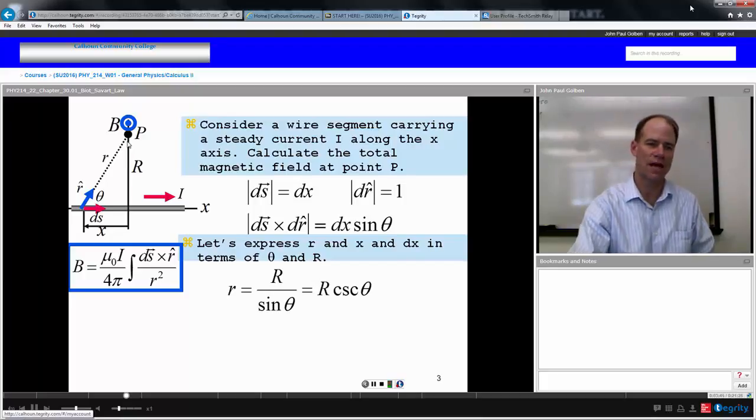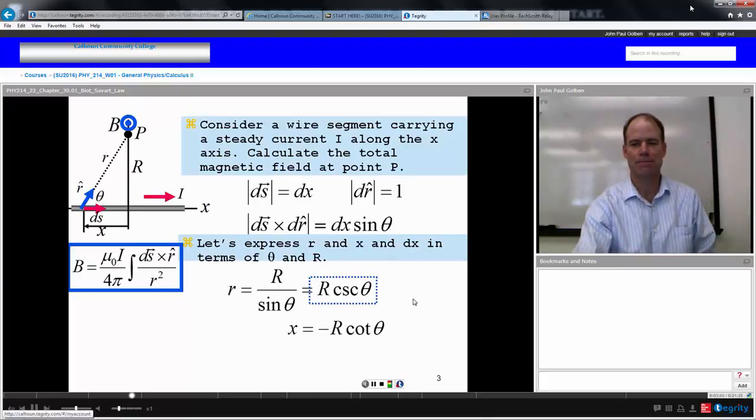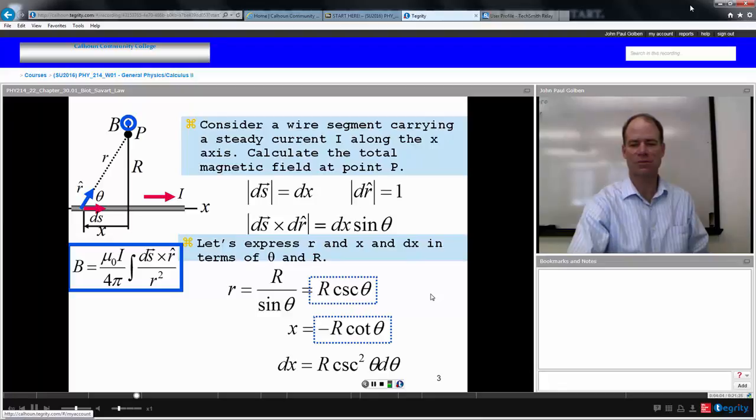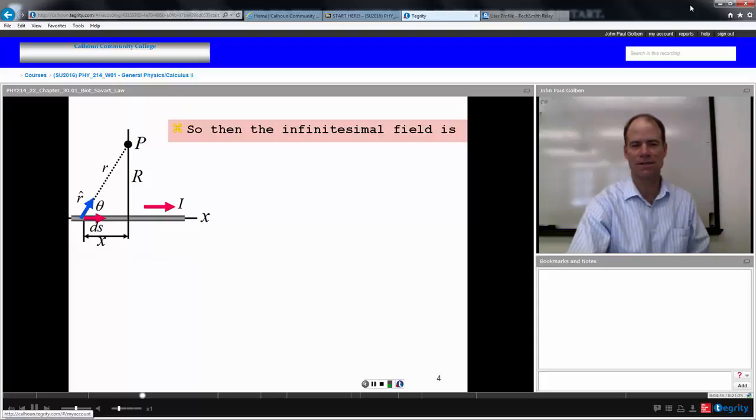In other words, the hypotenuse times sine theta equals big R, which means that little r is equal to big R cosecant theta. X, by the same geometry, is going to equal negative R cotangent theta. So dx would be the derivative of this, which is equal to R cosecant squared theta d theta. Like I said, bear with me. We're headed somewhere with this. We want to make these substitutions.